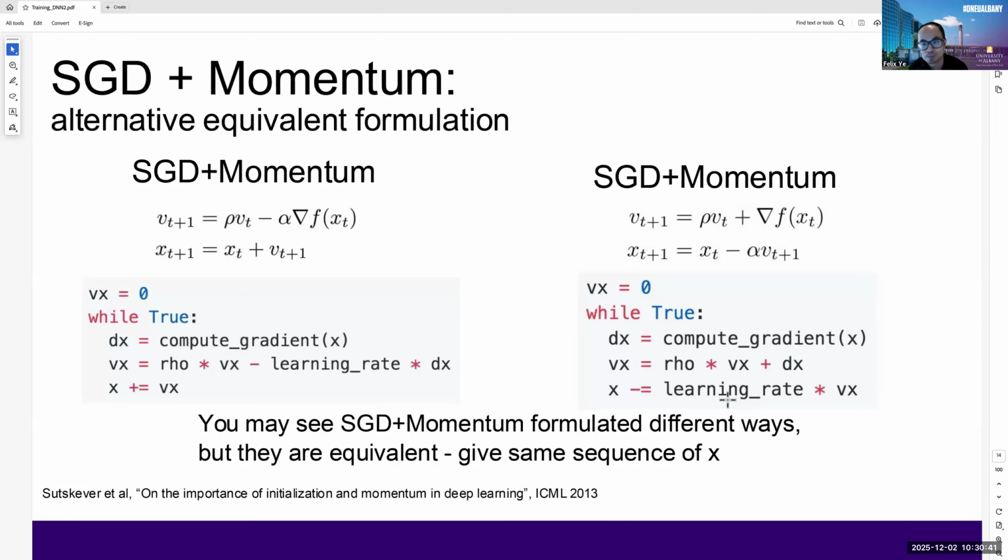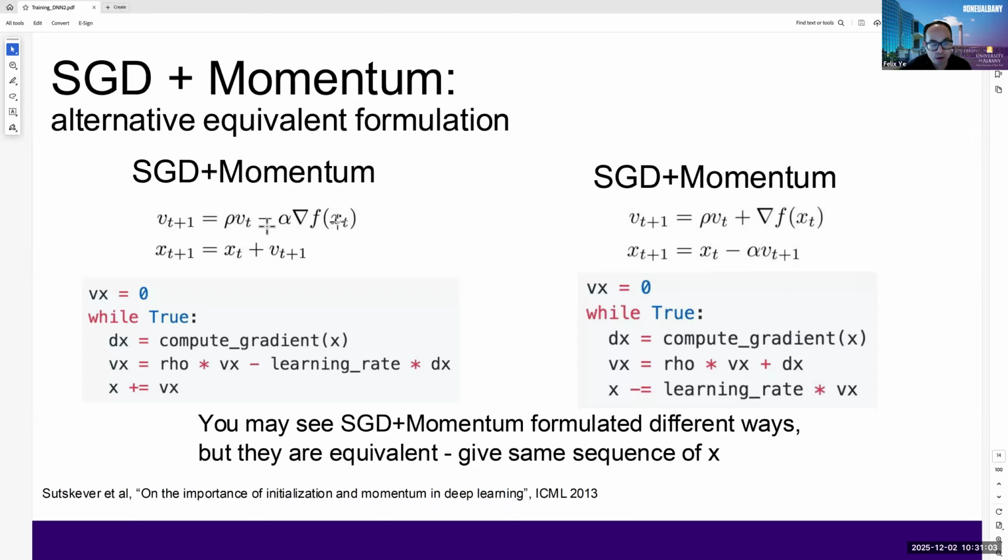Okay, so all right, so yeah, they also have alternative equivalent formulations. So this is the formulation we use here, but we can use the other one.